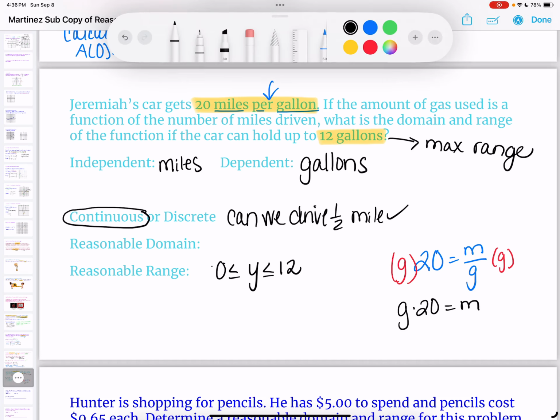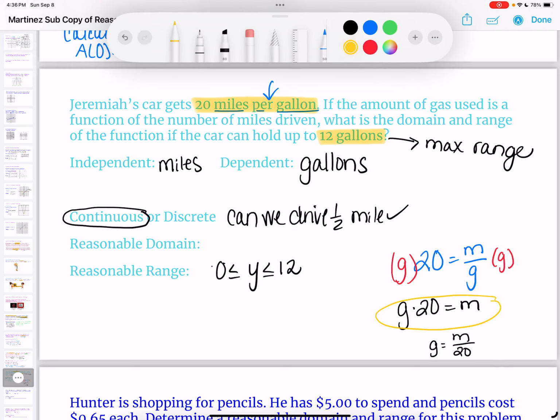And let's say you had the number of miles but wanted the number of gallons. You could divide both sides by 20 and you get gallons is equal to miles divided by 20. So either way, you could write this formula in 3 different ways. But specifically for what we're doing, this is the one that we're going to be using.